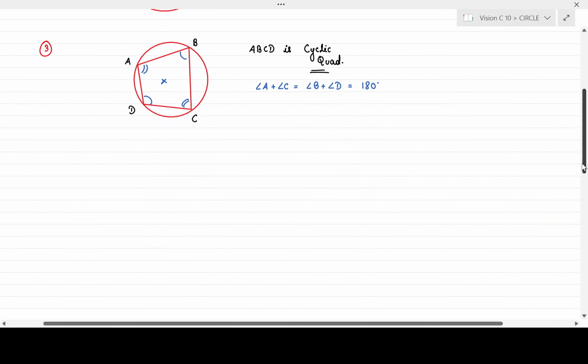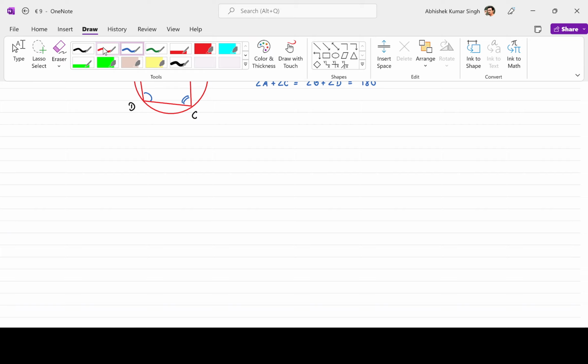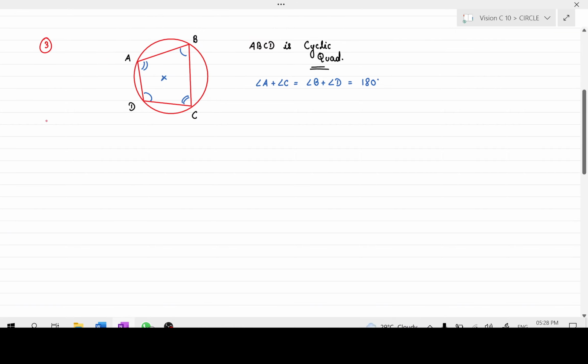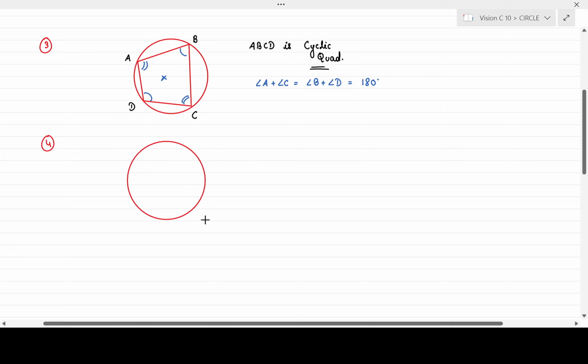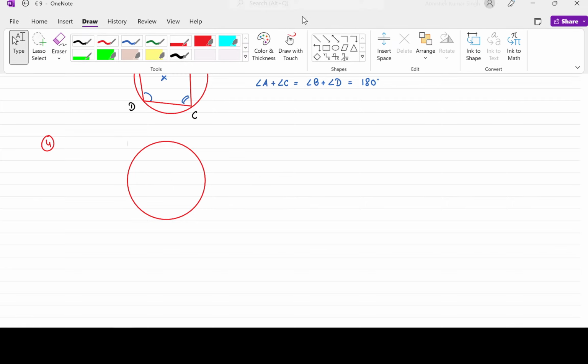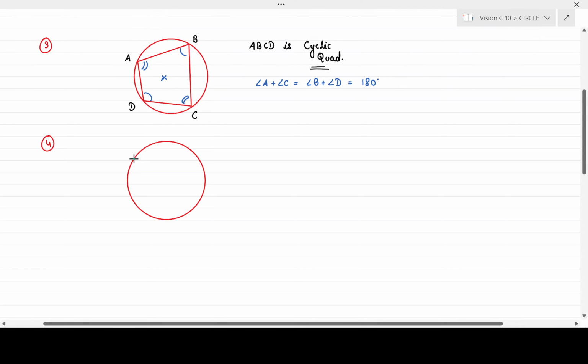Now another property, property number 4. Now once again, any quadrilateral, one side is extended, is produced further, as you can see.